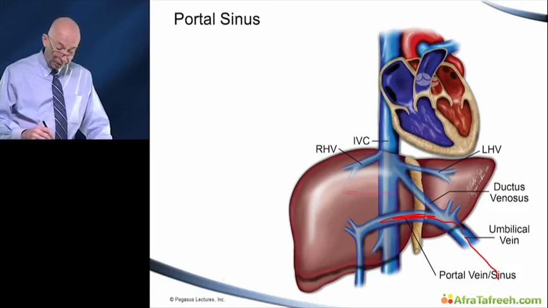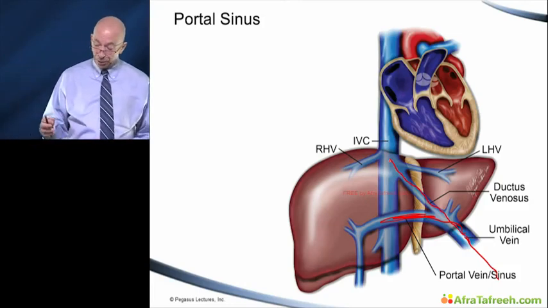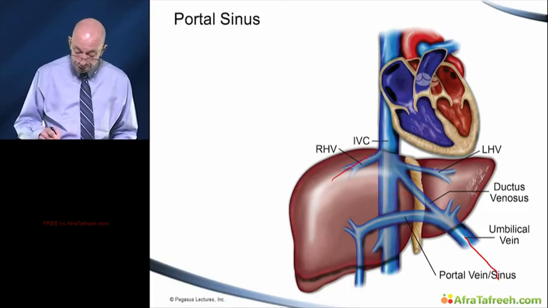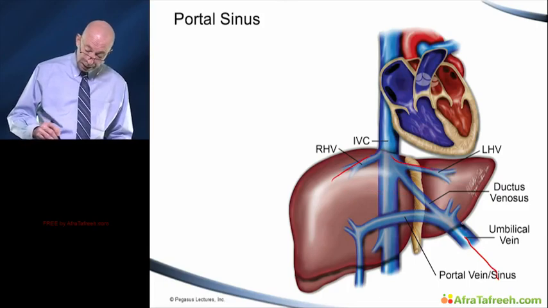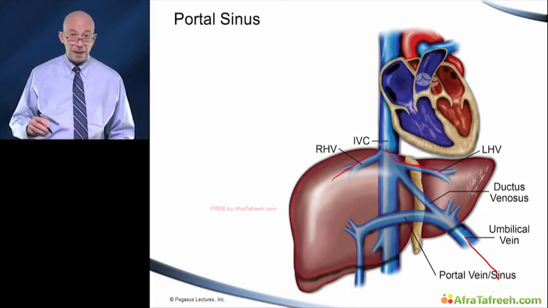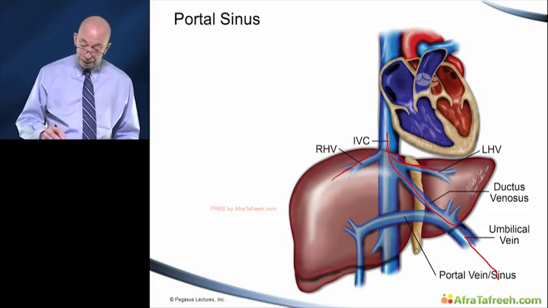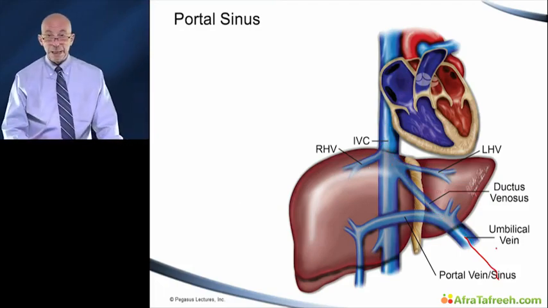The other branch of the umbilical vein courses through the liver and empties directly into the inferior vena cava. The hepatic veins also empty into the inferior vena cava, and the combined fetal blood via the hepatic veins and the umbilical vein empties into the inferior vena cava and ultimately into the right atrium.